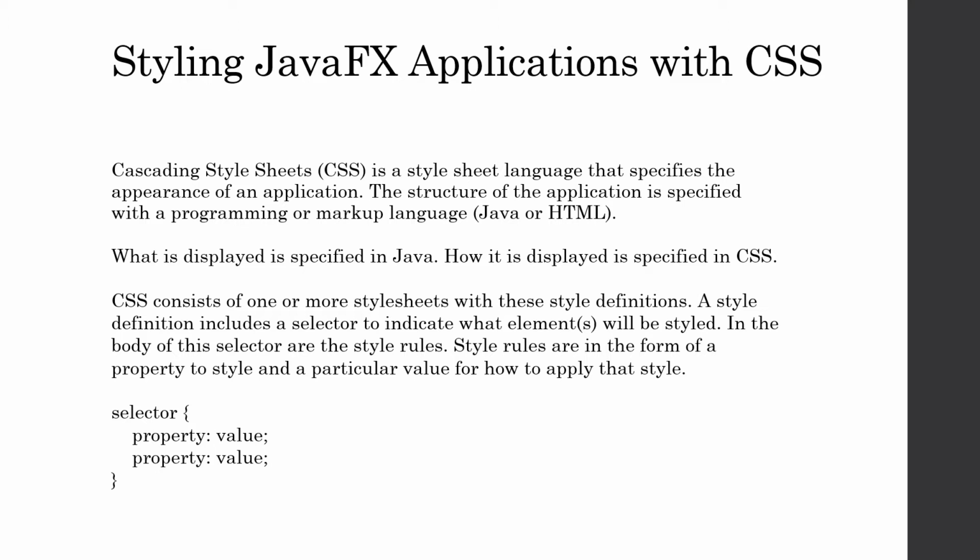So you need to select some elements or some controls in your applications. You're going to do that with a selector of some kind. And then in the body of the selector are going to be your style rules. So these are going to be the rules about how you want to style it. The style rules are going to be in the form of a property to style, so a specific characteristic that you want to apply some style to, and then a particular value for how to apply that style. So essentially just saying, this is what I want it to look like.